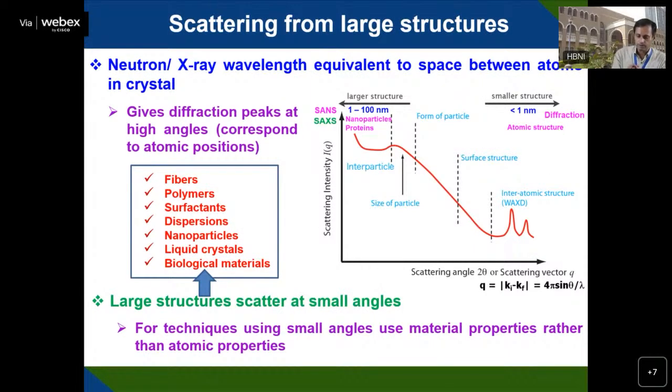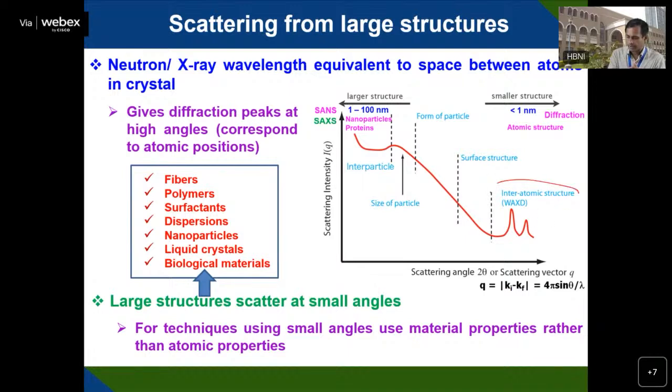The neutron and X-ray wavelengths are equivalent to the spacing between atoms in crystals. So why are we using X-rays and neutrons? Because the interatomic d-spacing of atoms is equivalent to X-ray and neutron wavelengths. So you have to go to a high theta value to see those interatomic spaces.